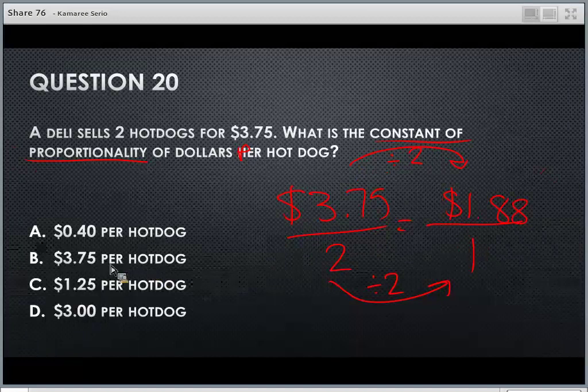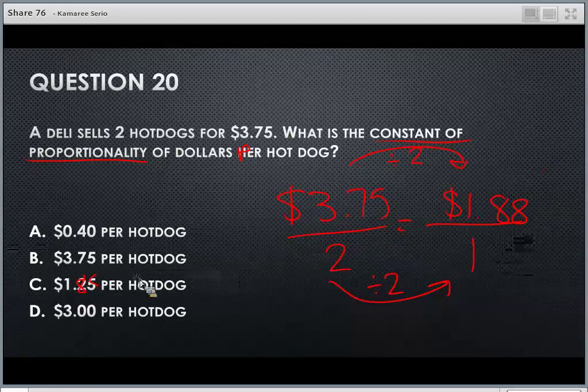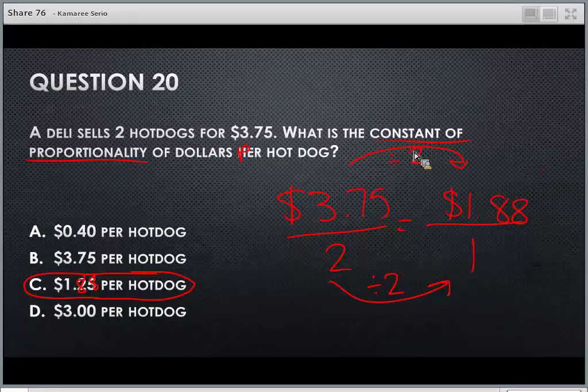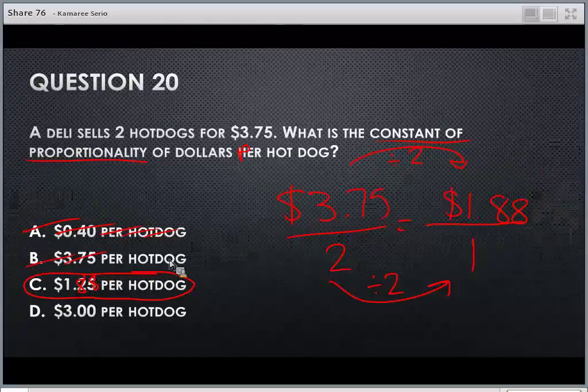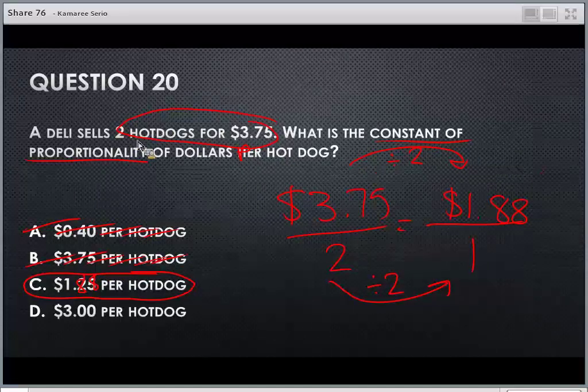I think I accidentally made a typo here, and let's make this one the 88 cents. I apologize, that was my fault. But this is how you solve it. It cannot be 40 cents per hot dog, please do not pick that. And it is not $3.75 per hot dog, please do not pick that, because that is how much it is for 2. So think about your answers here.